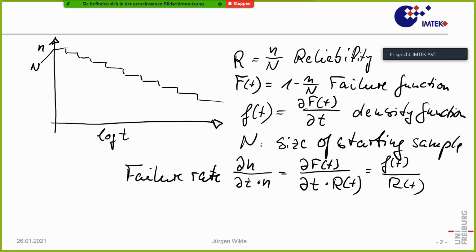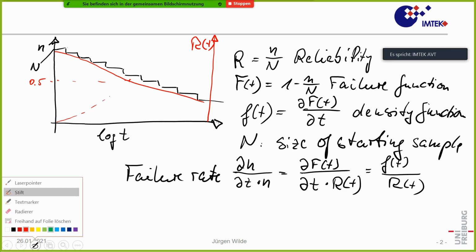But the density function is just minus reliability derived by dt. Okay, here we see the reliability goes down with the number of specimens that survive, and on the other hand, the failure function goes up in a complementary way.